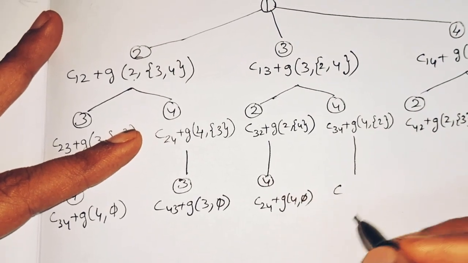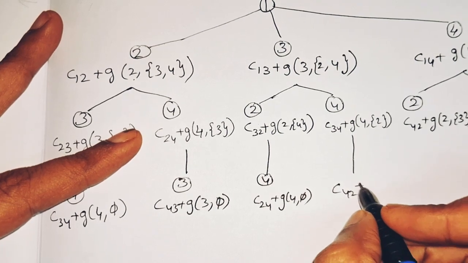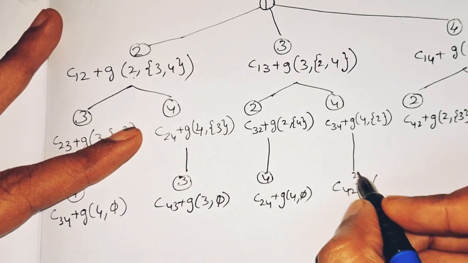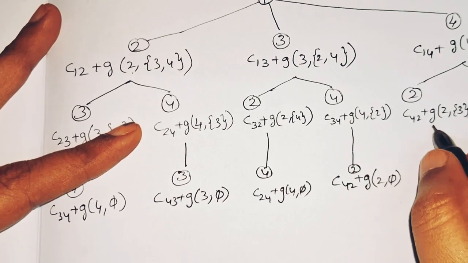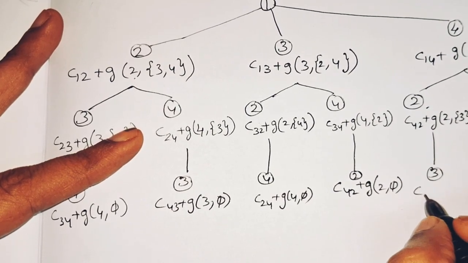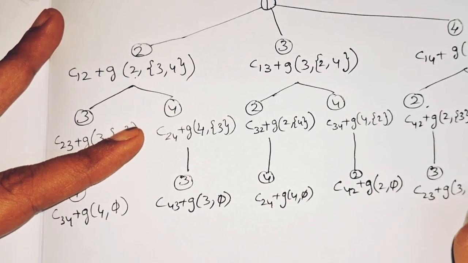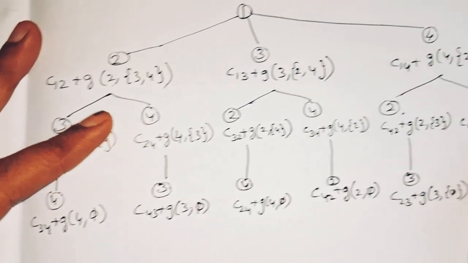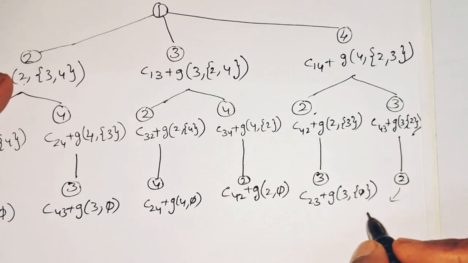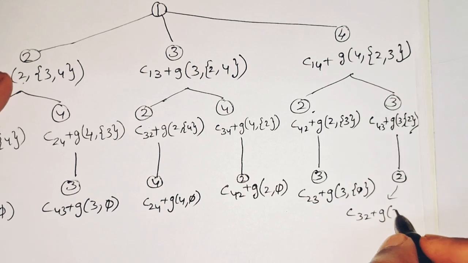And here also C 4 2 plus G of 2 comma null, and here also, C 2 3 plus G of 3 comma null. So here also we have 3 to 2, and this is written as C 3 2 plus G of 2 comma null.